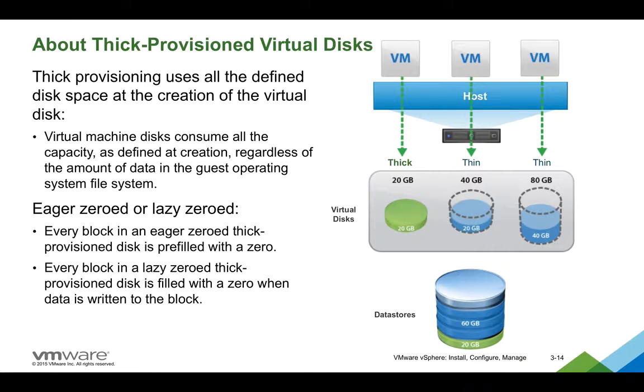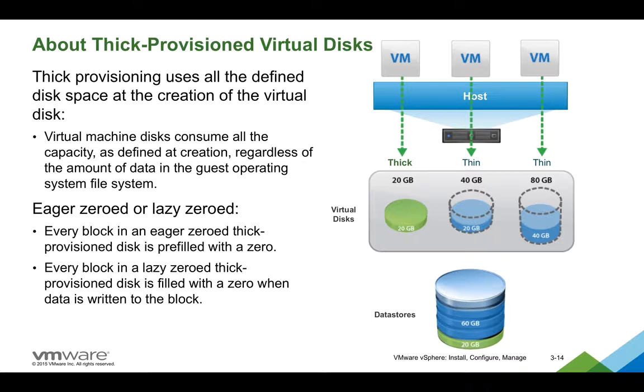You'll notice that on the 2 thin provisioned disks, they're only consuming 20 gigabytes of space on the second virtual machine and 40 gigabytes on the third virtual machine. So they're not actually using all of the space provisioned. Again, if we take a look at the first one, it has a 20 gigabyte thick provisioned disk, and it's actually consuming all of that space even if it doesn't need it.